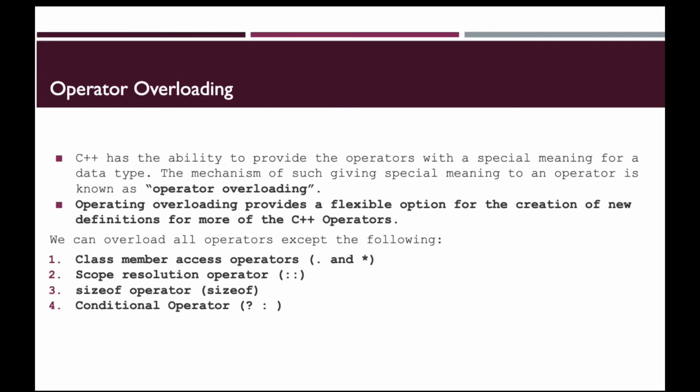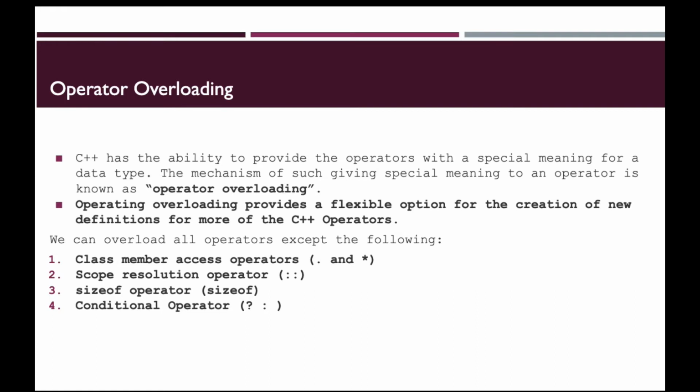I can define a class named complex, and overload that plus operator, and using that overloading I can define the way to add two complex numbers, and whatever the logic for adding the two complex numbers, I put into that operator overloading function.